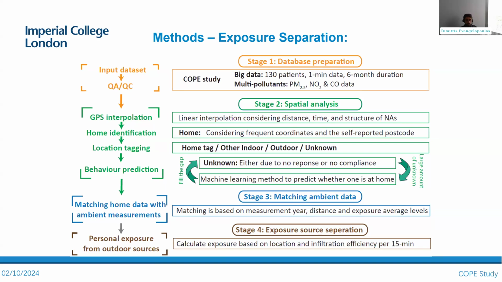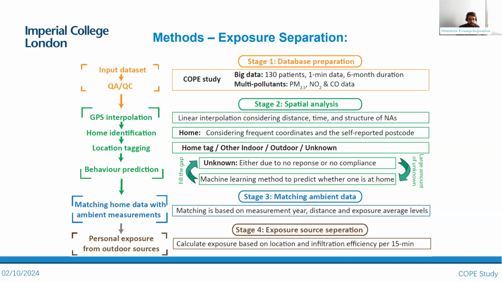Then we used the GPS data collected by the portable monitor. We performed reverse geocoding in order to tag all the locations that people were visiting across the study period. And we then matched this data with ambient air pollution measurements from the monitoring network and from models that Jenny explained earlier.